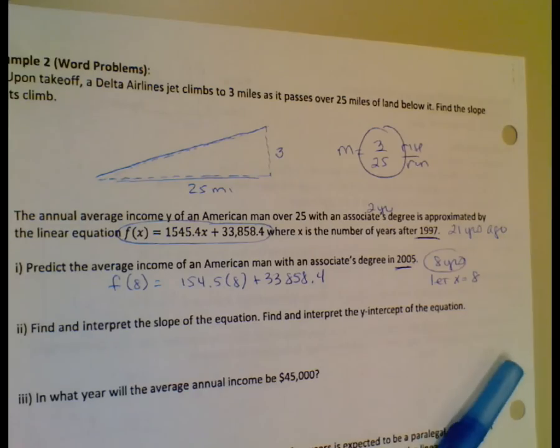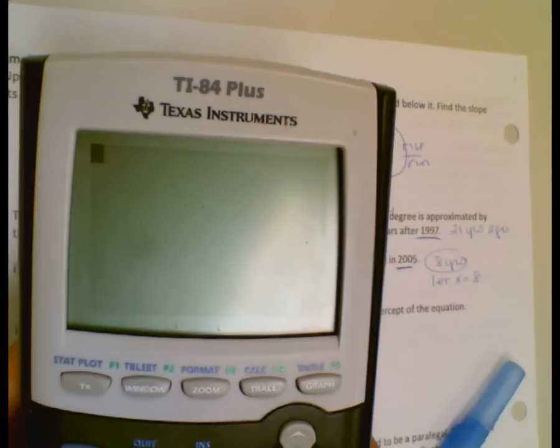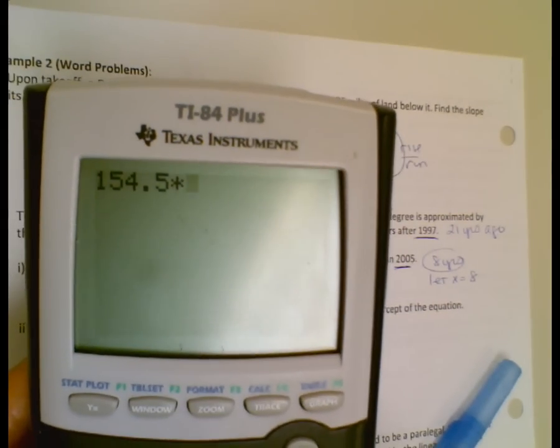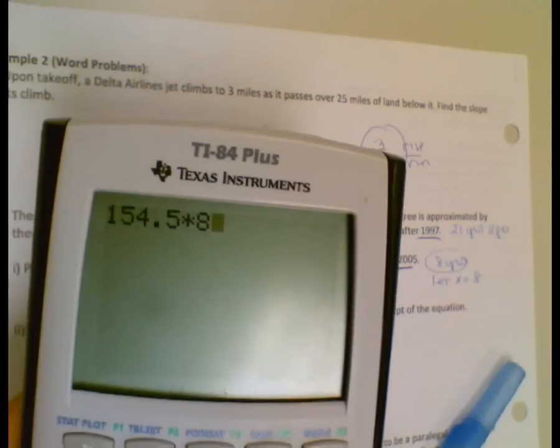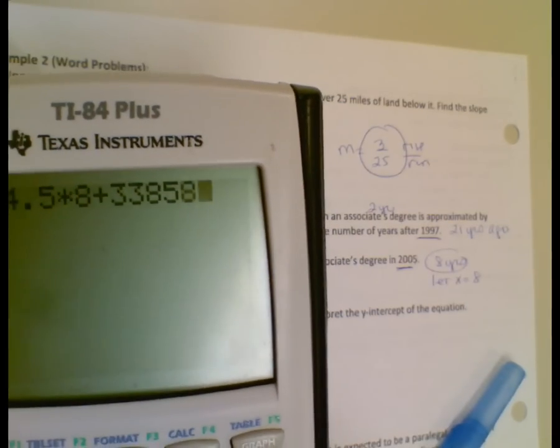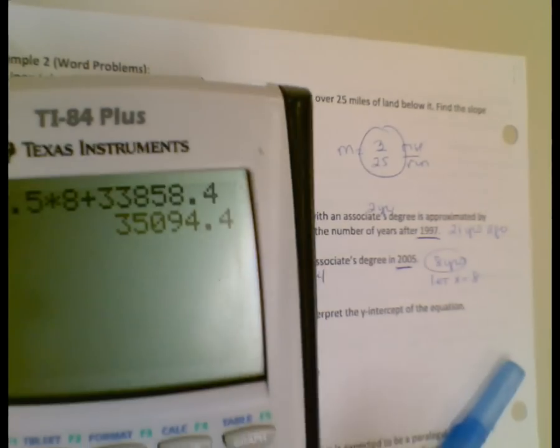33,858.4. Okay, so I am going to have to dig out a calculator somewhere. Hopefully I have one handy. Let me find one. Okay, here's one. So we're going to type in, I got my graphing calculator, 154.5 times 8, that's 8 years, plus 33,858.4 equals.